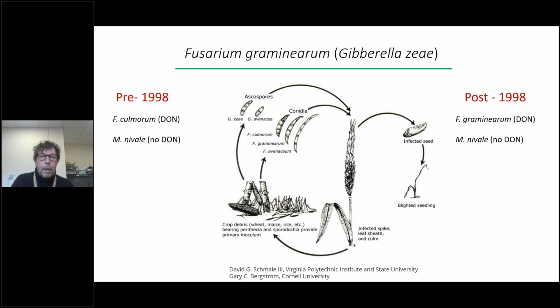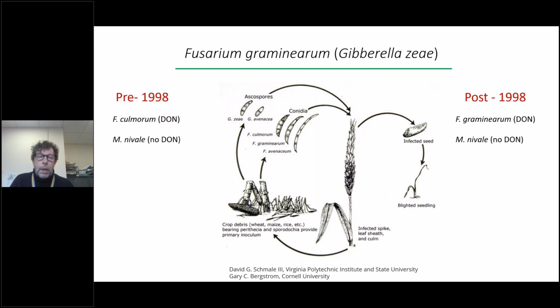The pre-1998 UK population causing head blight was generally made up of Fusarium culmorum and another species formerly called Fusarium nivale, now called Microdochium nivale. Post 1998, we started to see a new pathogen, Fusarium graminearum.